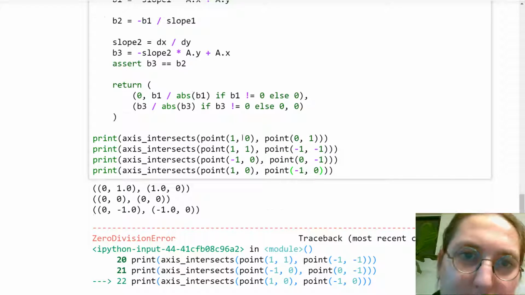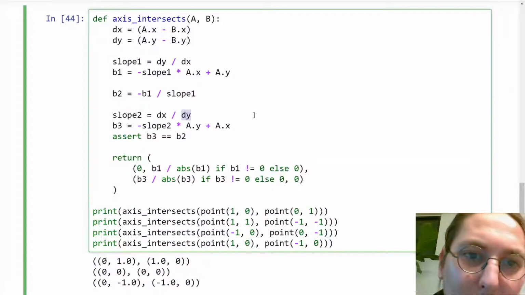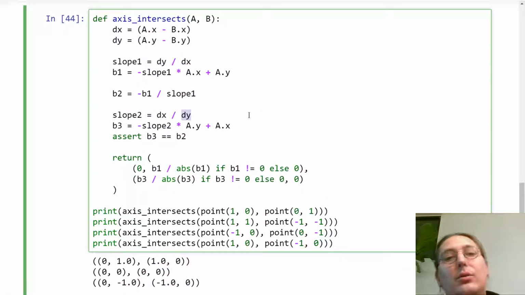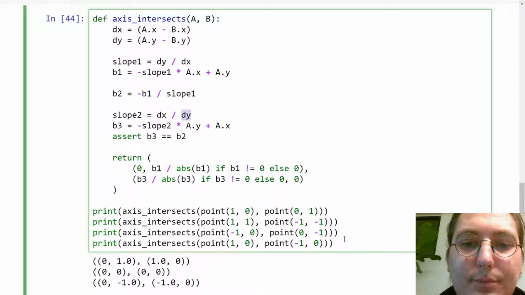Why is this an issue? So if we're going straight down, we have an issue, I guess. The slope is infinite.